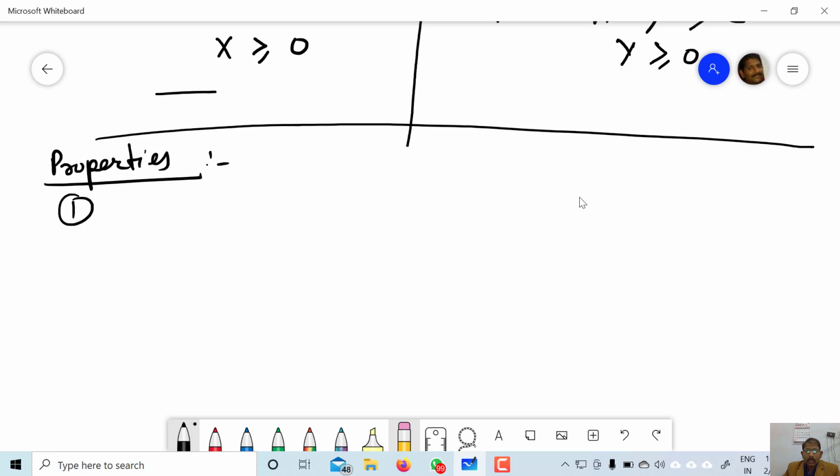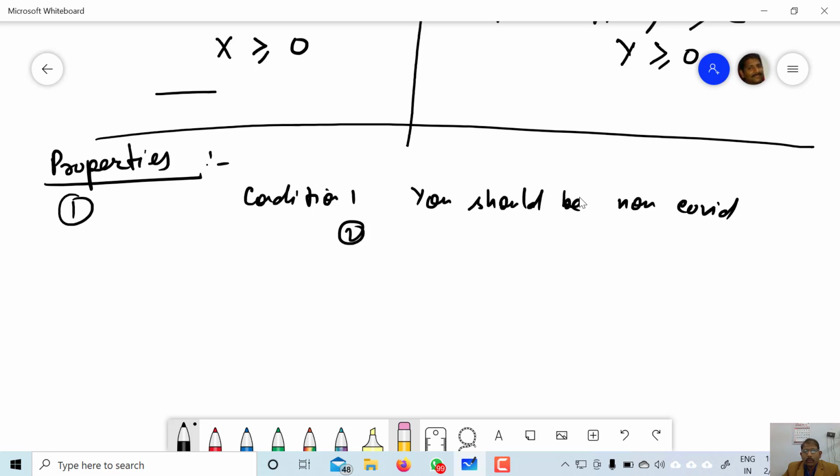The first condition, you should be non-COVID. Number 2, you should have submitted your fees.